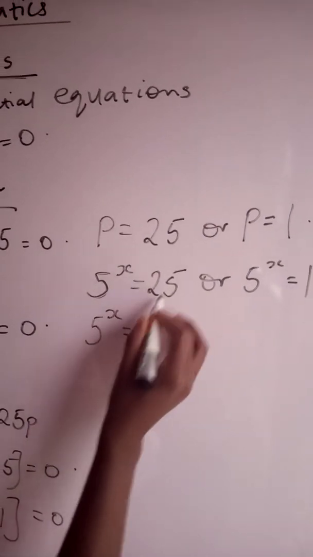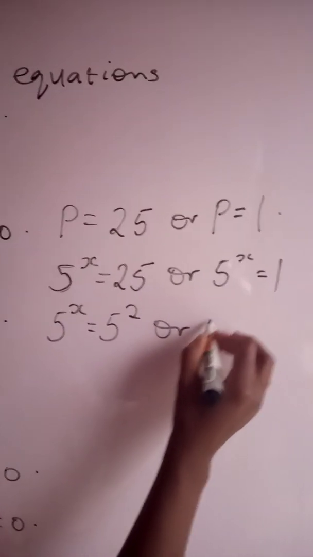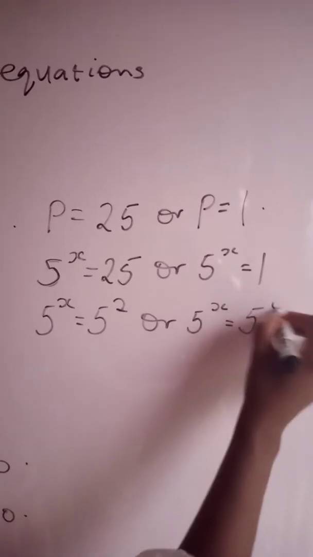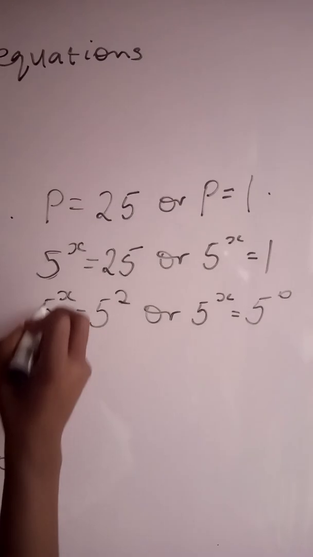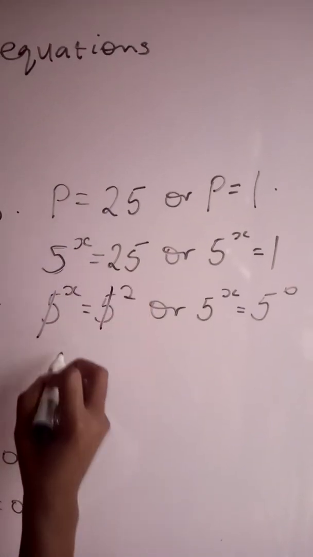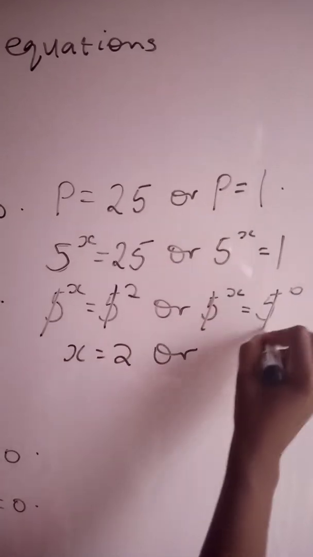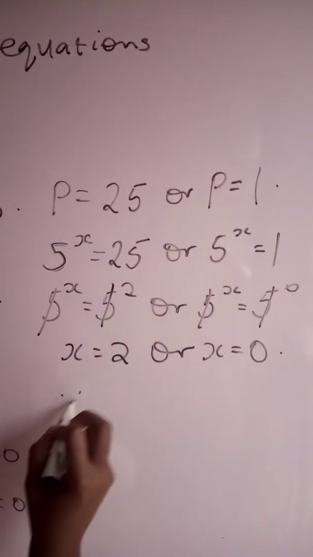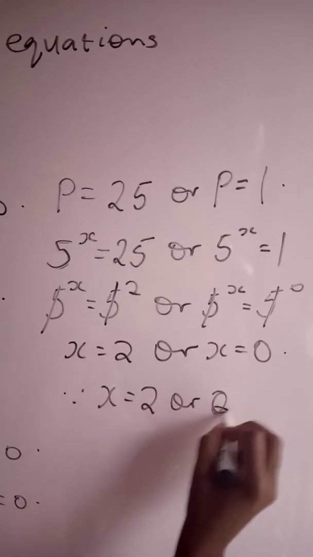We should remember our indices. 25 means 5 raised to power 2, or here we have 5 raised to power x equals 5 raised to power 0, because anything raised to power 0 is equal to 1. So 5 will cancel 5, x will be equal to 2, or 5 will cancel 5, x will be equal to 0. Therefore x equals 2 or 0.